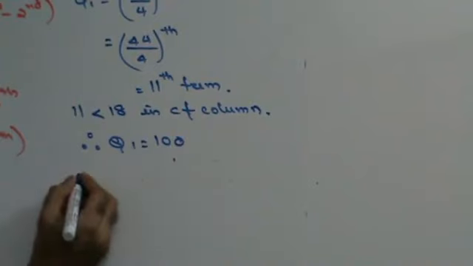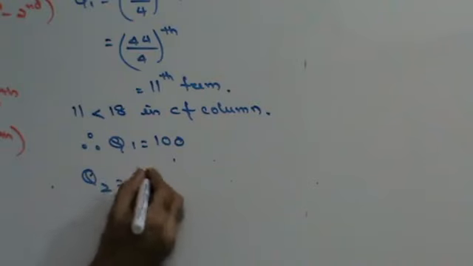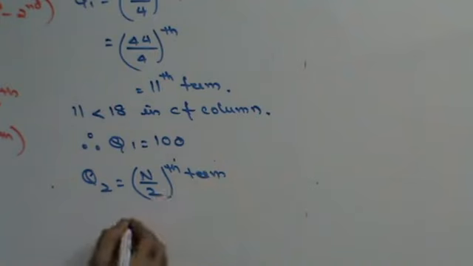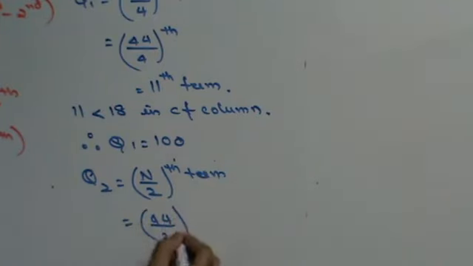Similarly, I can find Q2, the n by 2th term. So n is 44, and 44 divided by 2 is the 22nd term.